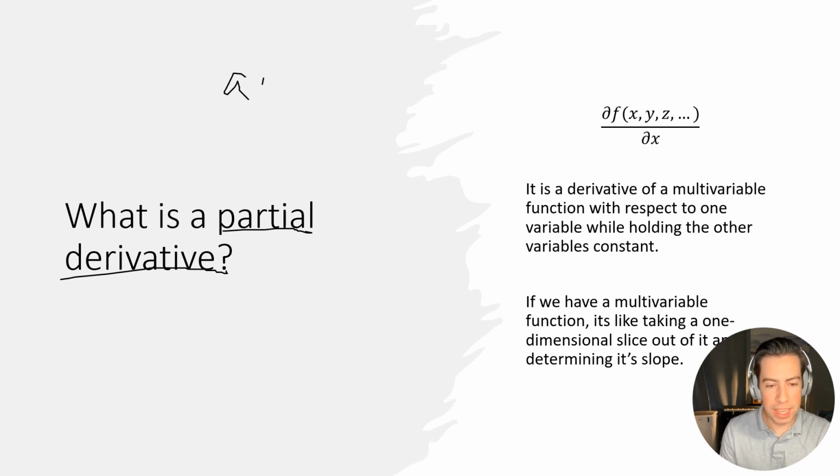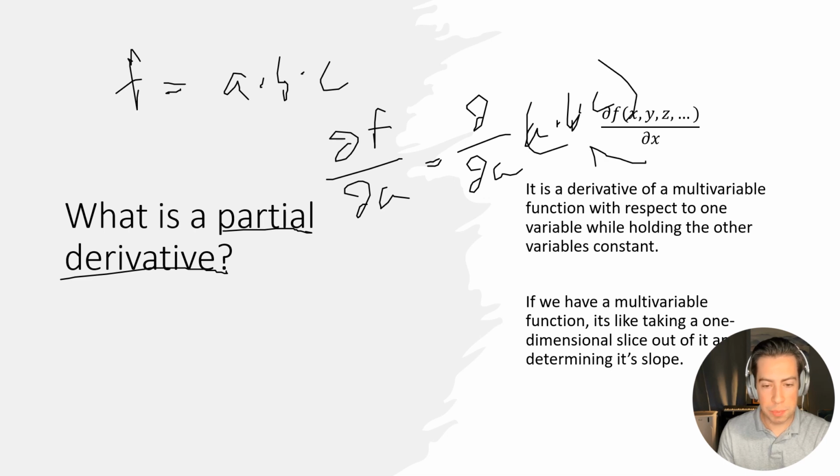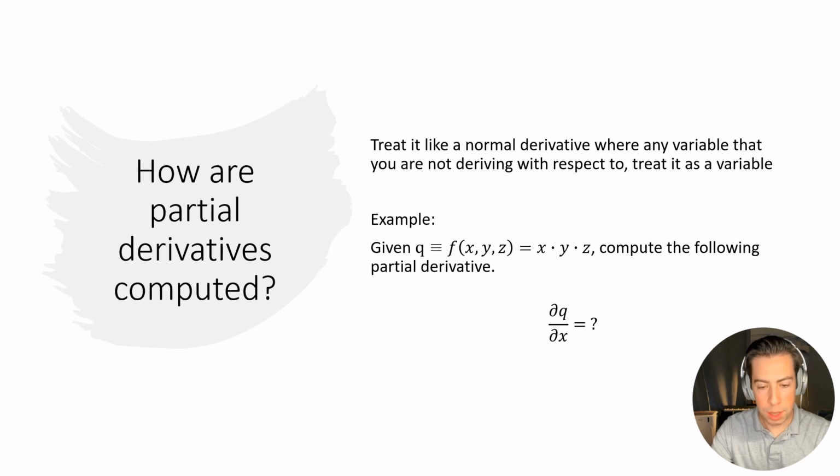So if I have something like a times b times c, and I want to know the partial derivative with respect to a, then I just say df/da, and that's just going to be the derivative of this with respect to a, okay? So you basically just treat b and c like they were constants, and then compute that value. So let's go ahead and go through how to compute it really quickly here.